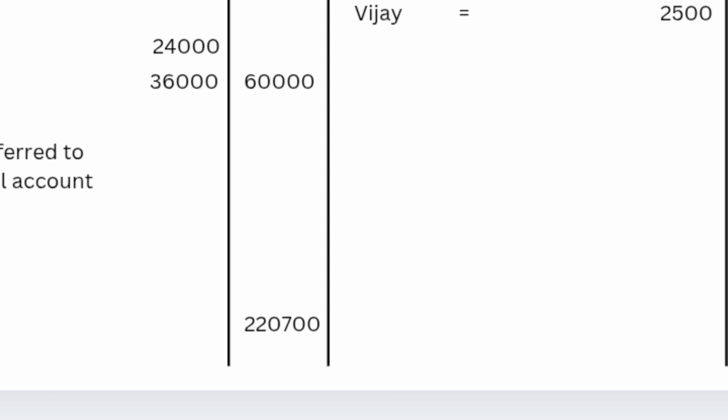Then 60,000 plus 35,000 gives 95,000. If we subtract 95,000 from 2,20,700, we get 1,25,700.